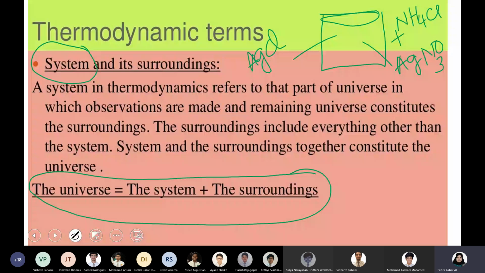And usually system and surroundings will be separated by a boundary. Here, when I'm looking into a chemical reaction, the boundary is the container. Whatever the beaker or the test tube, wherever you are doing the chemical reaction, its container is the boundary between system and surroundings. There will always be a boundary between system and surroundings.